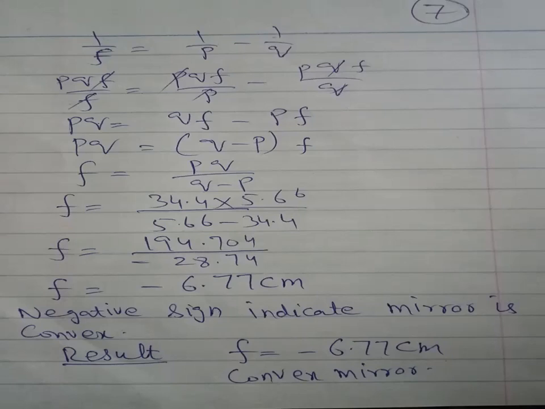For a convex mirror, f will be negative and q will be negative. For a concave mirror, f will be positive and q will be positive. Since my f is minus 6.77 centimeters, this is a convex mirror.